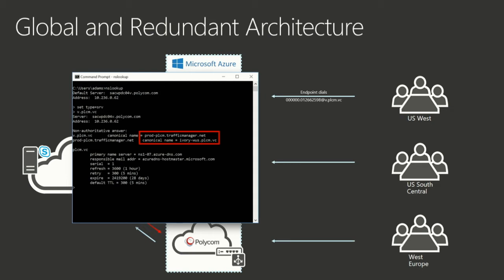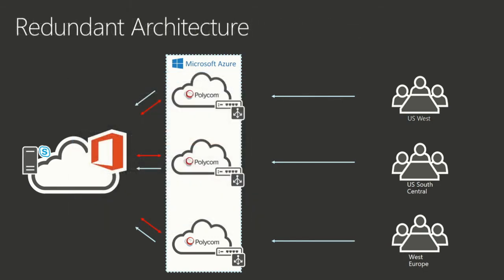If we had some kind of Azure outage in that instance, Azure Traffic Manager will automatically redirect that endpoint to the next available instance, which in this case is South Central.